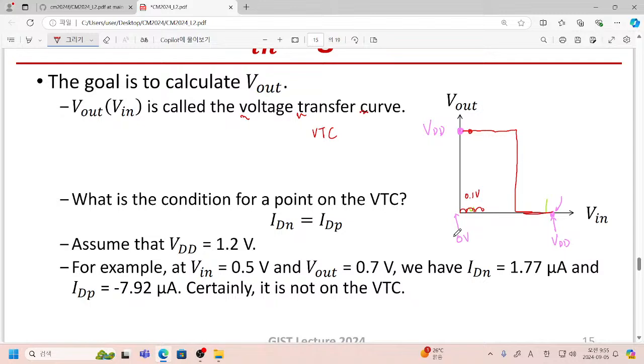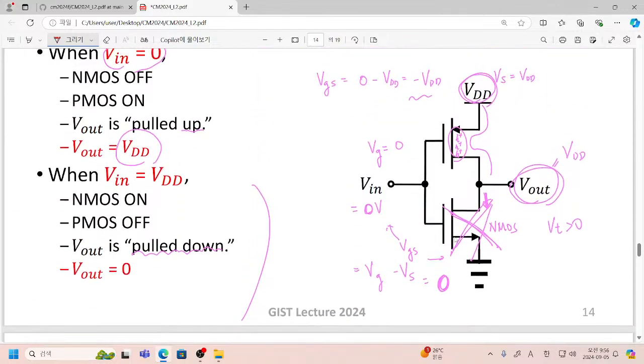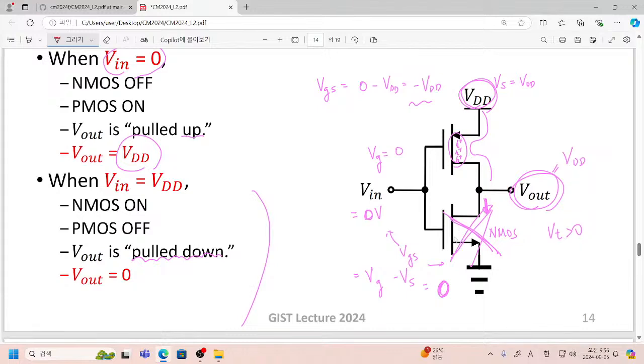the principle to calculate this voltage transfer curve. Up to now, I just described what this NMOSFET is and what this PMOSFET is. They are described separately. The point is, this CMOS inverter system is not just a collection of 2 separated devices. They are connected at this point.